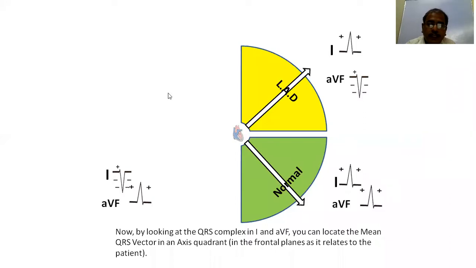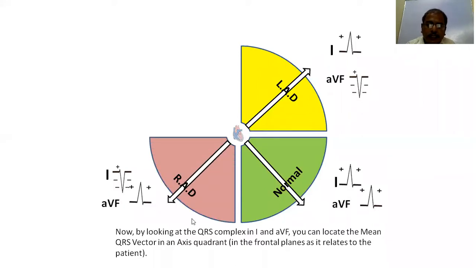Now, if lead 1 is negative and AVF is positive, earlier lead 1 was positive and AVF positive, but now lead 1 is negative, in that case the mean QRS vector will be in the lower right half. So this is known as right axis deviation.